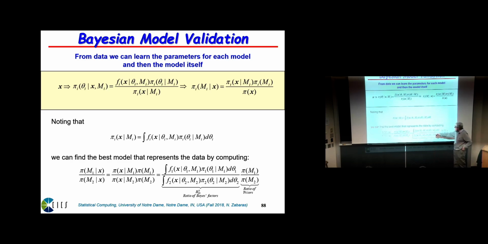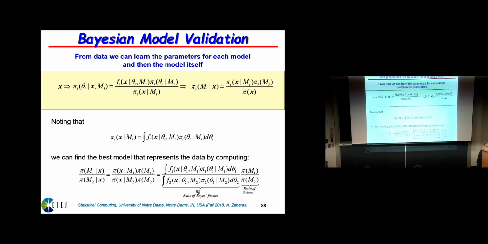As I just discussed, the formula is given here. These likelihoods are integrated, looking like that, with the parameters integrated out. And this is the ratio of the priors. And this ratio here is what we call the Bayes factor. You remember that? So there are multiple ways to compare models, and certainly the Bayes factor is a very easy way to compare 2 models.